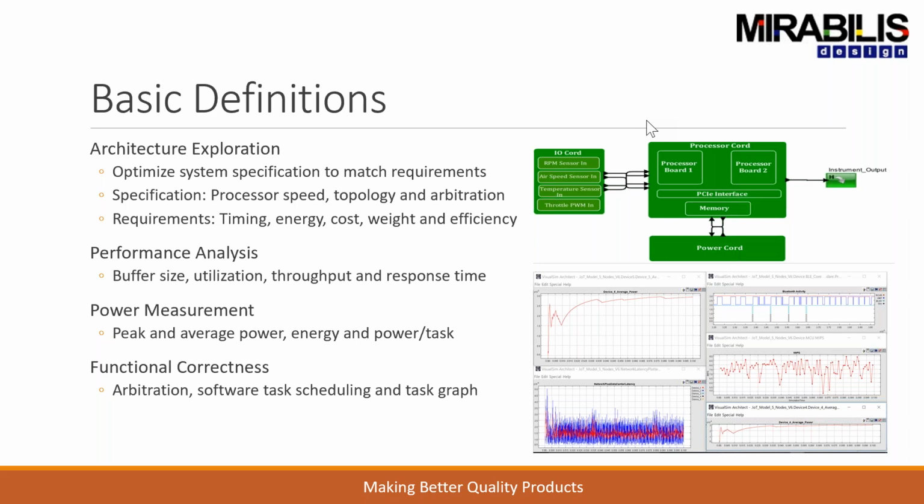What we're talking about there is taking the specification that you have developed either on paper or in PowerPoint or Excel and assembling a model such as what you see on the right-hand side, and then running a variety of simulations where you vary things like processor speed or bus topology, or put a round robin versus first come first serve in the arbitration schemes for access to different resources.